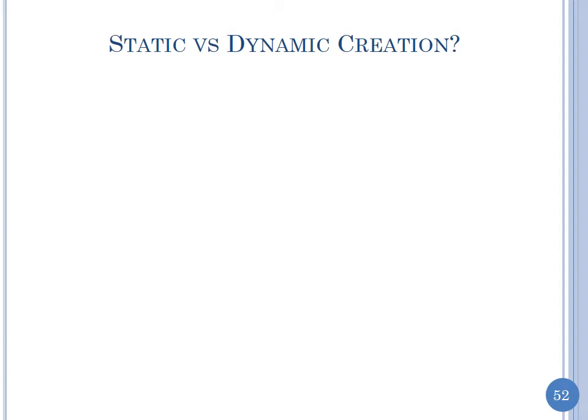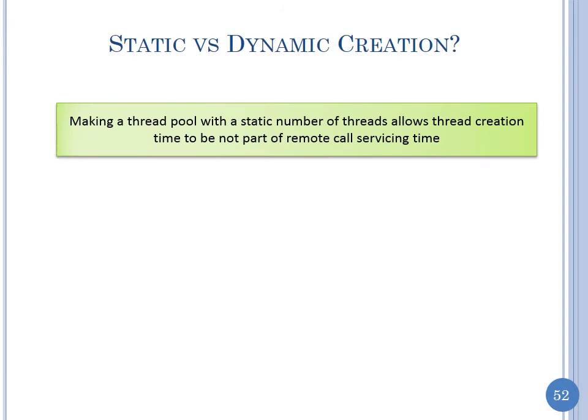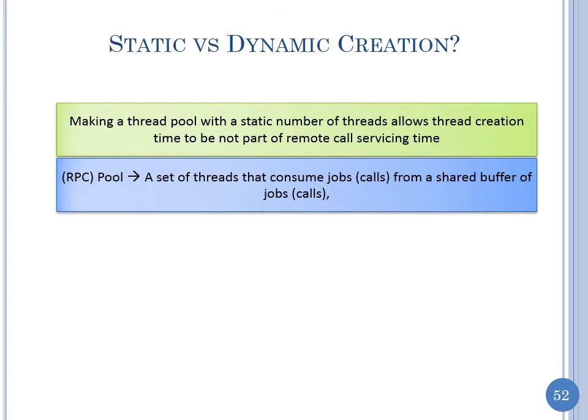So one issue is static versus dynamic, and there's degrees of dynamicism. So we can have a thread pool with a static number of threads. So the thread creation will not be part of the remote servicing call time. Okay, so when a call is made, we don't ever create a new thread at that time. So that's good. And what's a pool? It's a set of threads that consume jobs from a shared buffer of jobs.